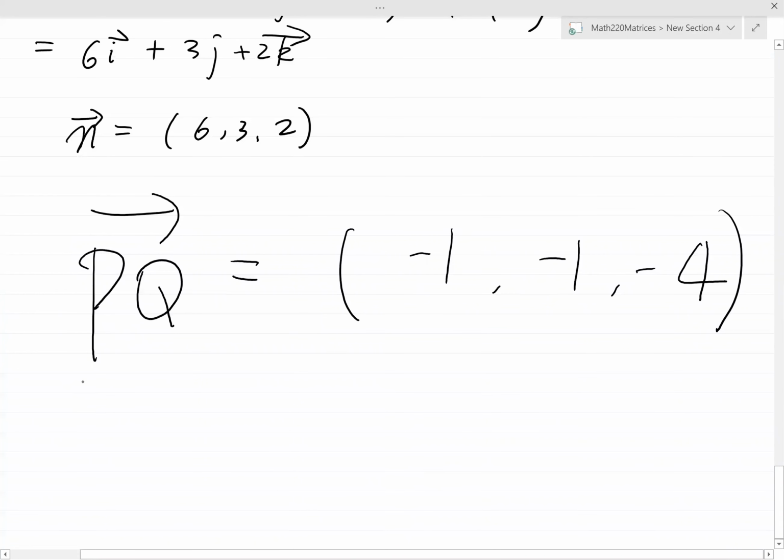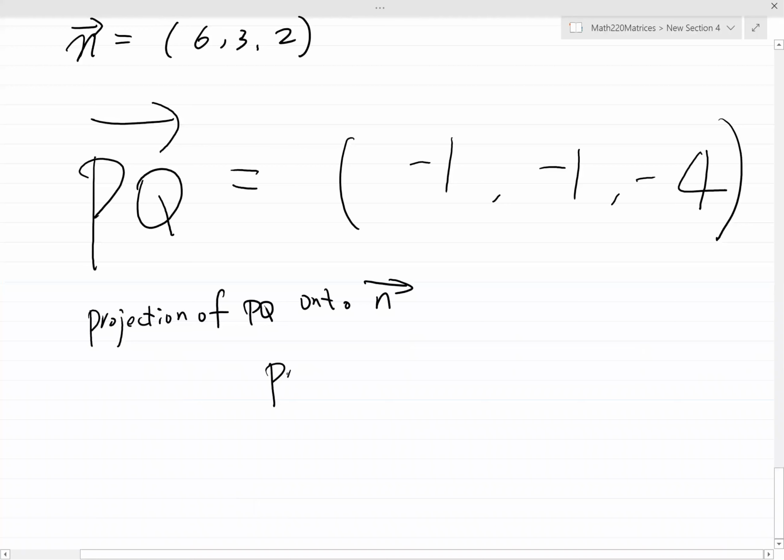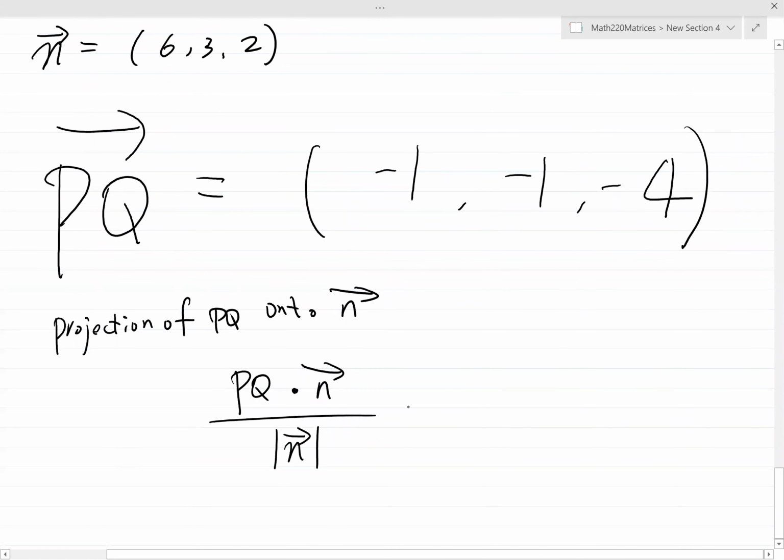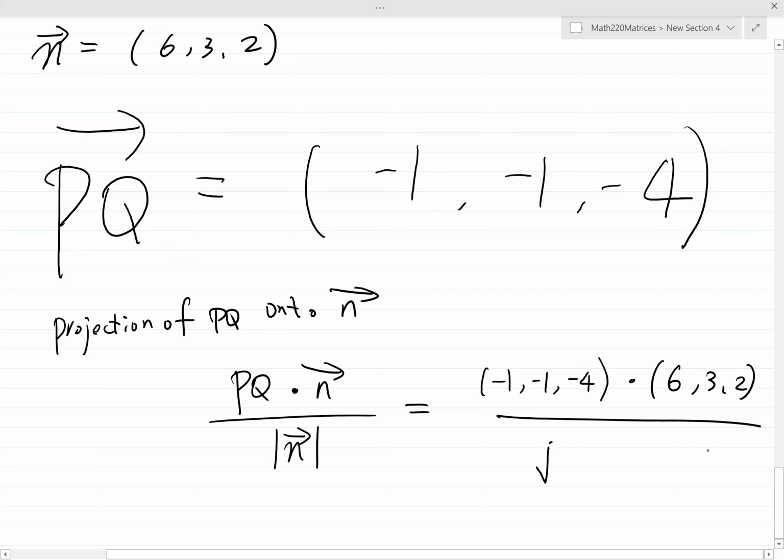So the projection of PQ onto N, the normal direction, is PQ dot product with N, and then we divide by the norm of N. So this gives us the projection of PQ on N. PQ dot N is -1, -1, -4 times 6, 3, 2, divided by the norm of N, which is the square root of 6 squared plus 3 squared plus 2 squared.